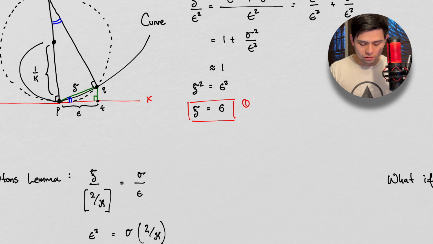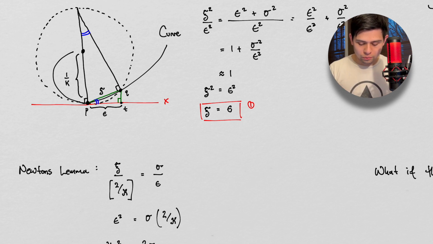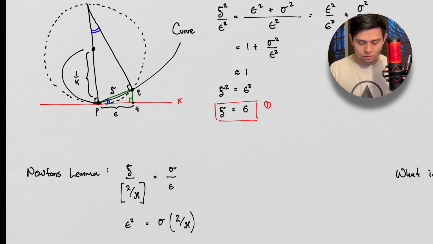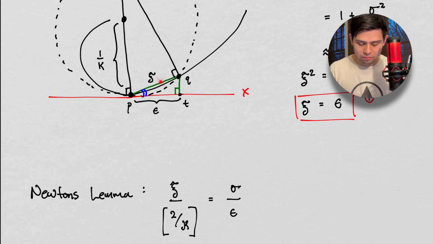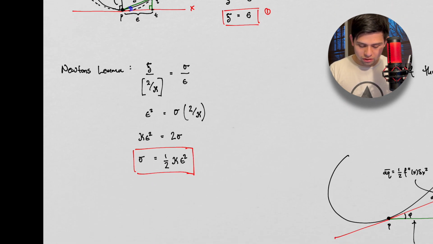In order for us to consider infinitesimal distances, we want this condition to be true. That's to say that the hypotenuse of this triangle, with P as a point on this triangle, is going to be equal to this value here. All right, so where does this take us?